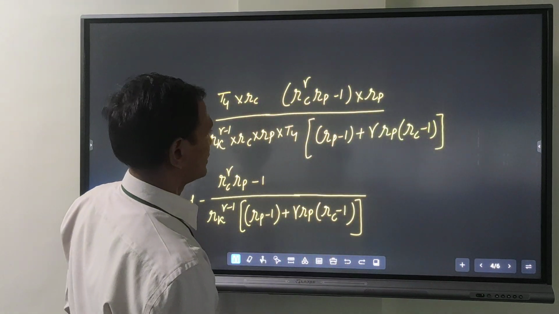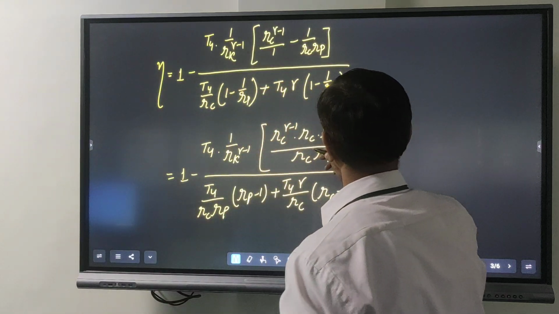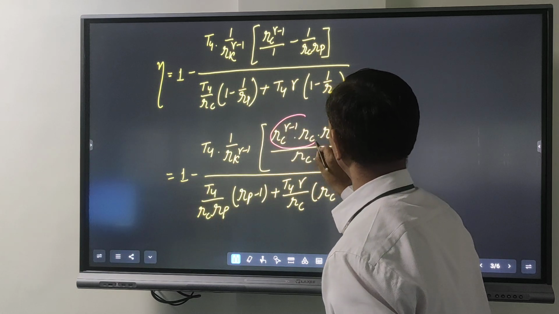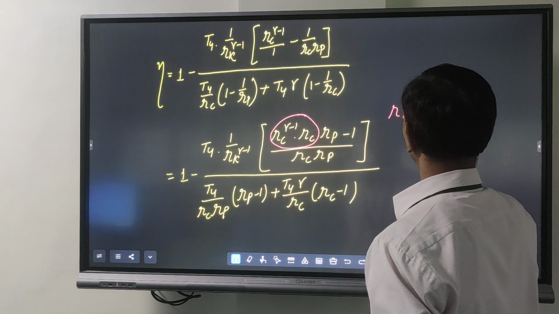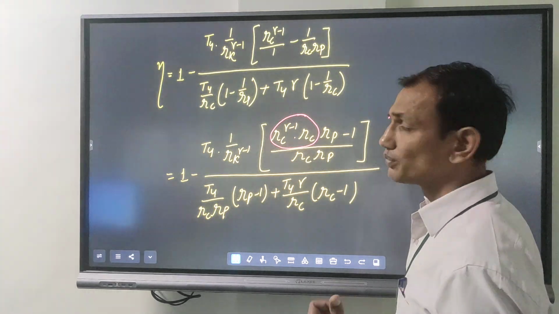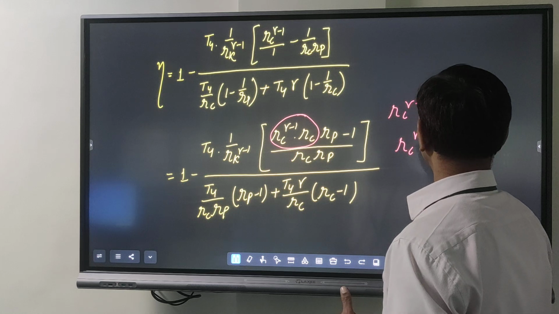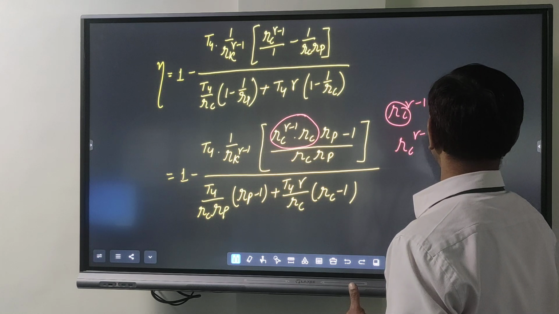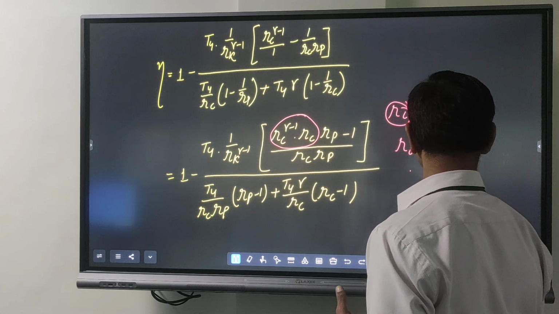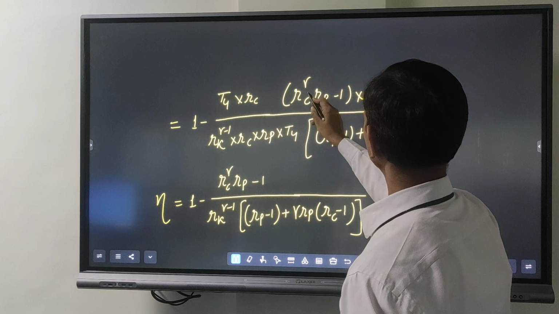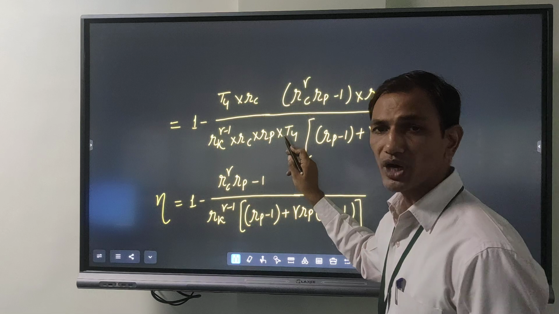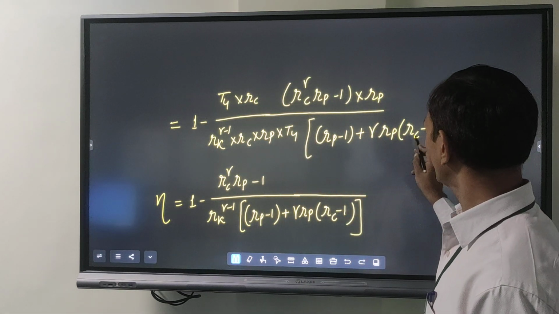Now we can take in both terms Rc to the power gamma minus 1 into Rc; 1 means power 1, and Rc both being the same, the powers will be added, so it is equal to Rc to the power gamma. Now Rc gamma (Rp minus 1) into Rp by Rk to the power gamma minus 1 into Rc into Rp into T4 (Rp minus 1 plus gamma Rp (Rc minus 1)).